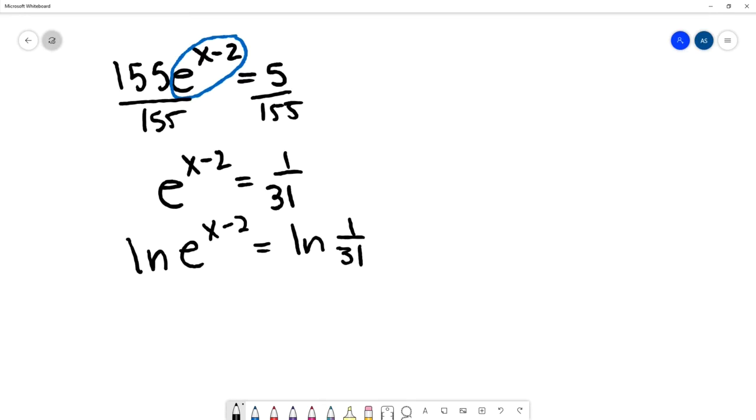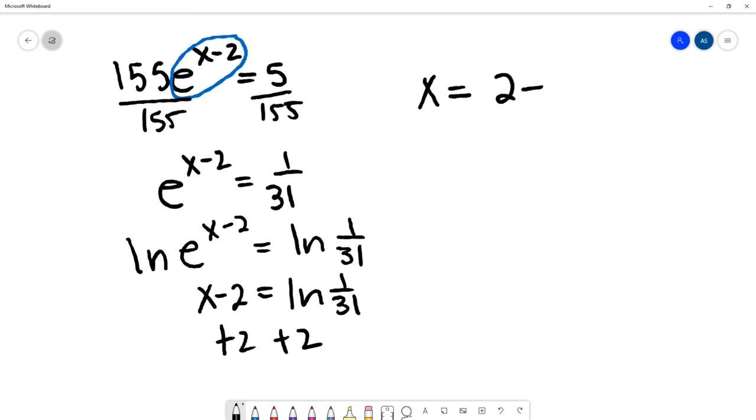The natural log and e are inverses of each other. So you get x minus 2 on the left. You can solve for x by adding 2 on both sides. And we have our solution of x equals 2 plus natural log of 1 over 31.